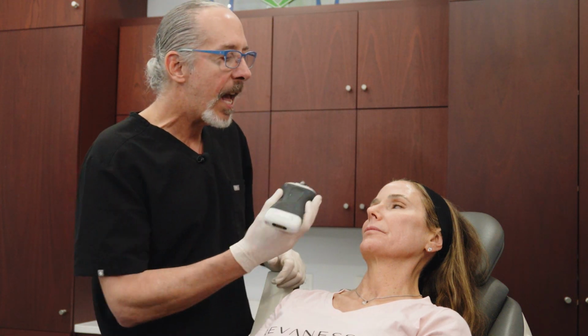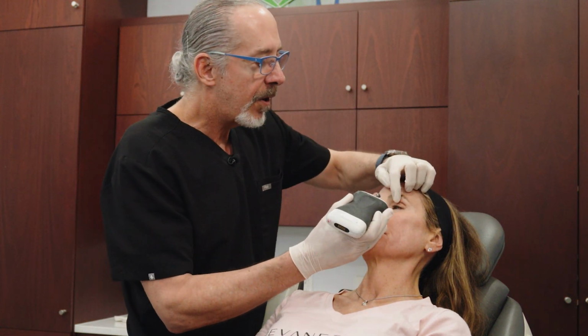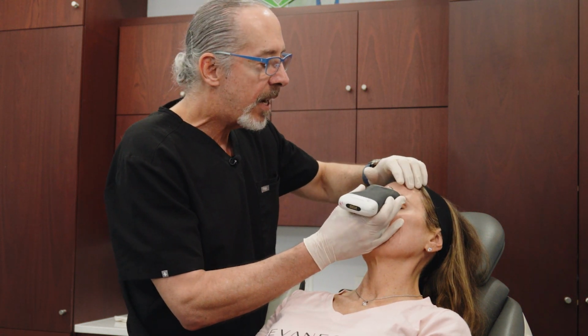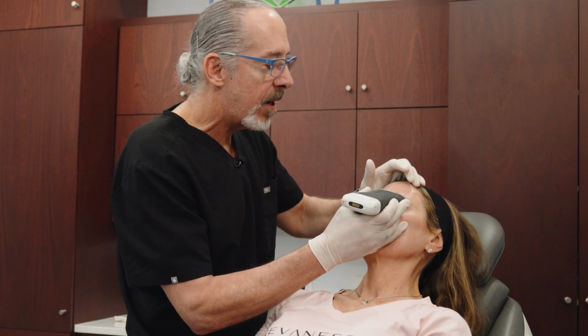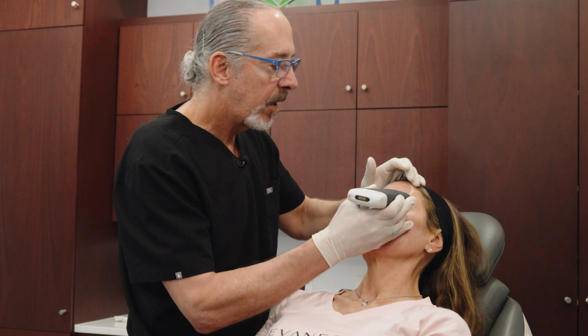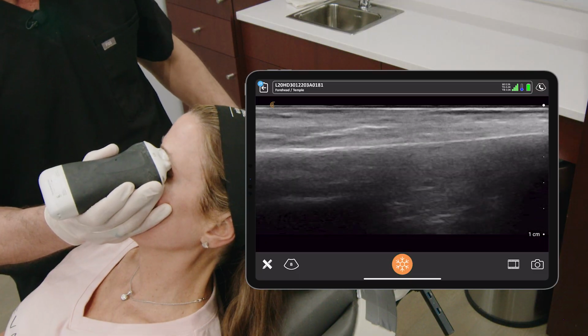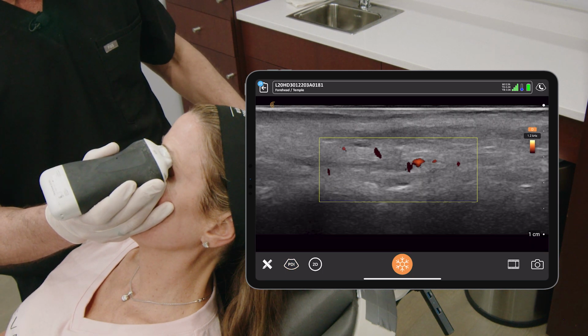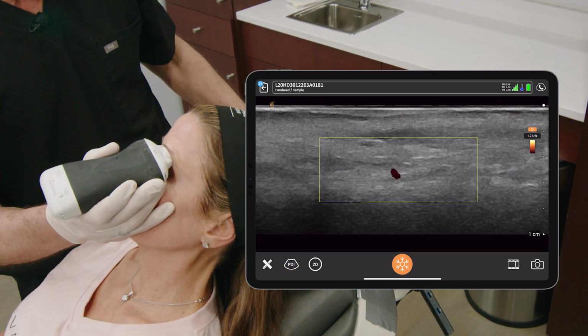And the way I like to look at it is first you can palpate where that supraorbital notch is. And I come from inferior to superior. And I'm going to turn on the power Doppler. And we already see it.